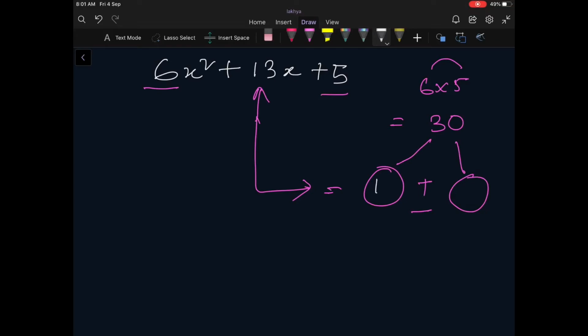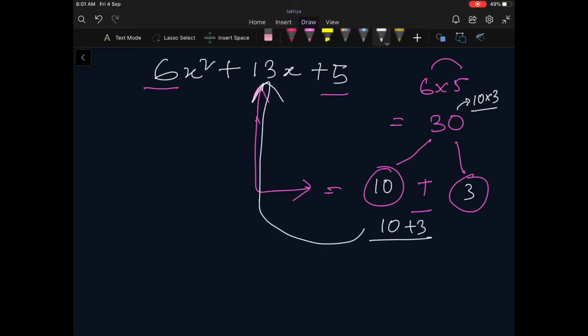We know 10 times 3 is 30. 30 can be factorized as 10 into 3, and the sum of 10 and 3 is equal to 13. That's how this middle term can be split as 10 plus 3.